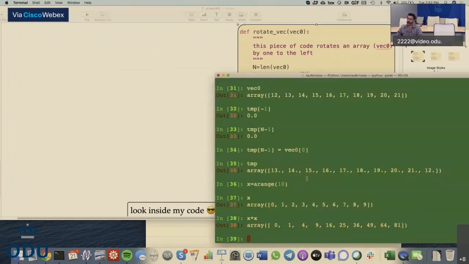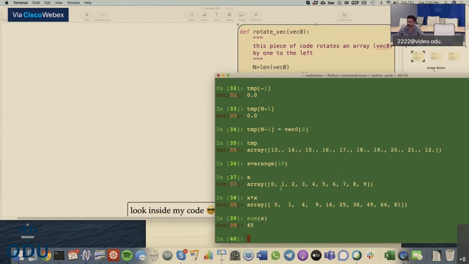Okay, then the other thing that I use is sum, which is for any array. So in this case, for X, if I do the sum of X, it's just going to sum all the components together. Okay, and so it's going to give me 45, right? So why is that 45? It's simple. 1 plus 9 is 10, 2 plus 8 is 10.